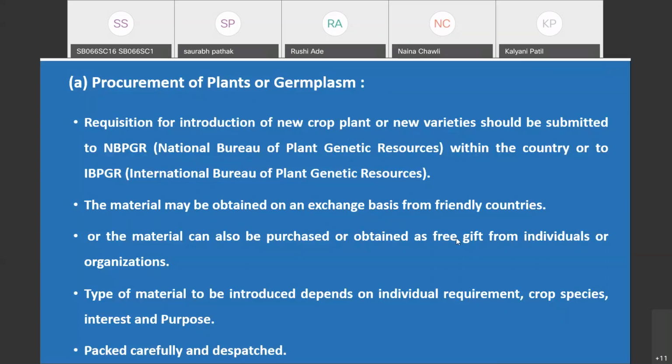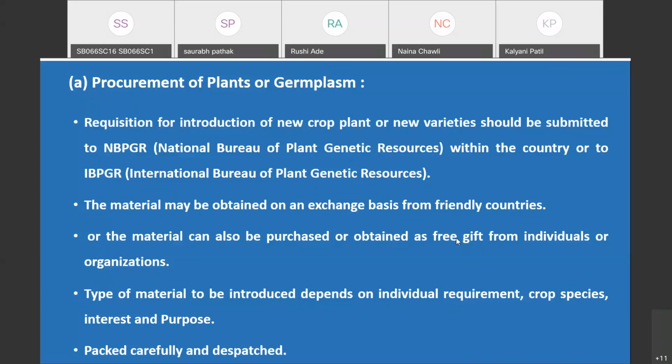Then crop species, as we have discussed, if the crop is sexually reproducing, then you have to introduce the seeds of the crop. And if the crop is vegetatively propagating, then you can introduce only the vegetatively propagating organ. Then interest, and lastly the purpose.